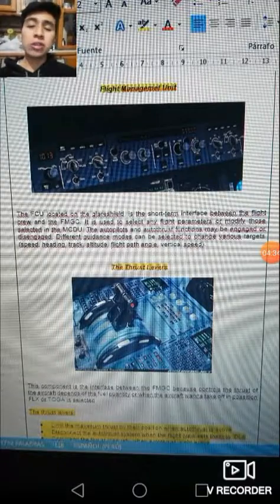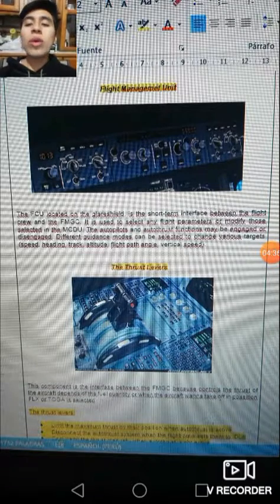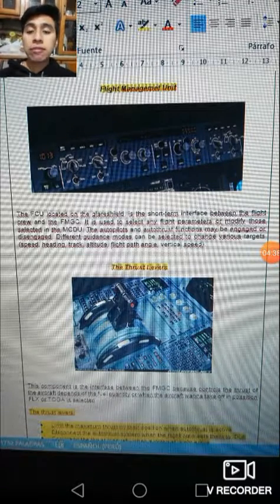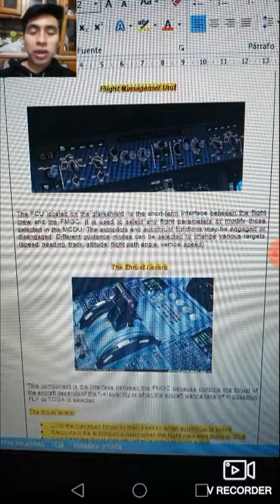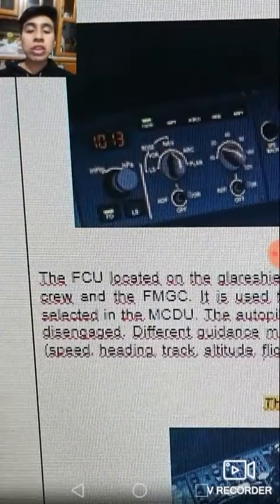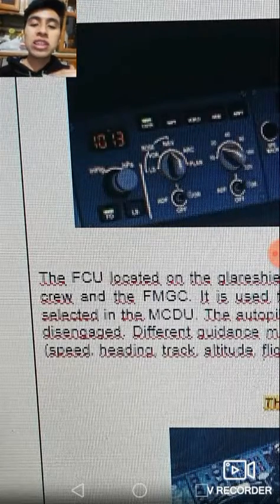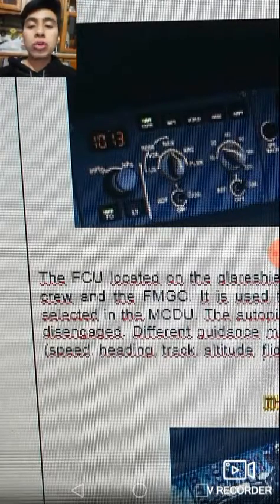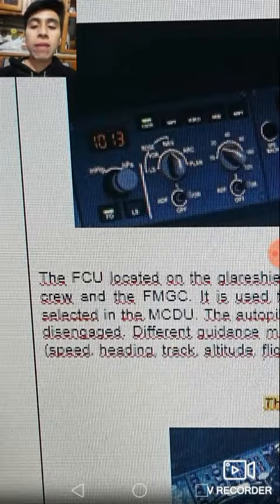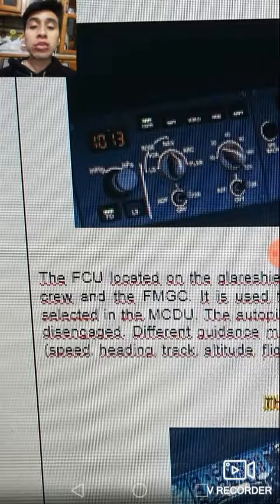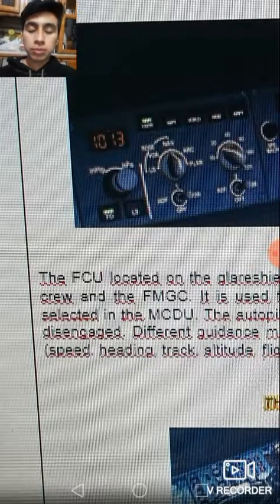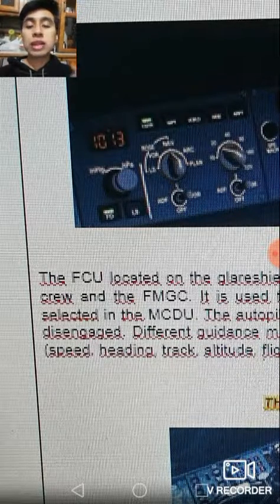I mentioned before the flight management unit. What is this? The FCU is located on the glareshield. Yes, of course. It's important to consider the pressure at different levels. For example, QNH, QNE, QFE, and other similar pressures, which is about the flight level.